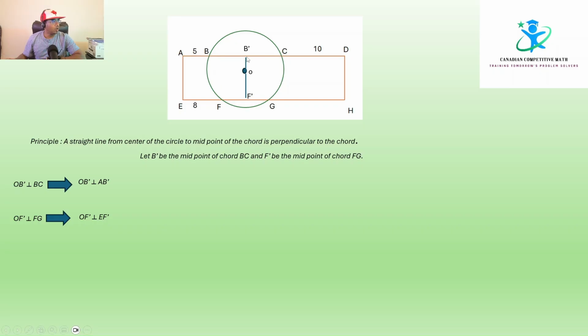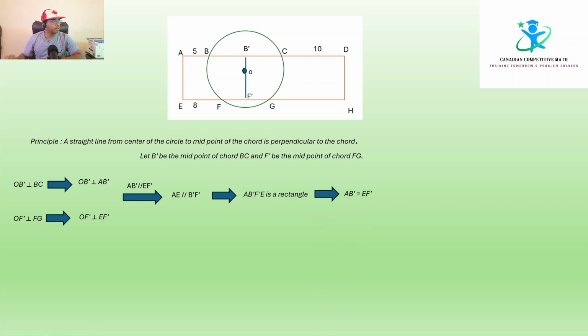So we can say that OB' is perpendicular to AB'. Similarly, OF' is perpendicular to EF'. Since AB' and EF' are opposite sides of the rectangle, AB' is parallel to EF'. With OB' perpendicular to AB' and OF' perpendicular to EF', we can conclude that AB'F'E forms a rectangle.